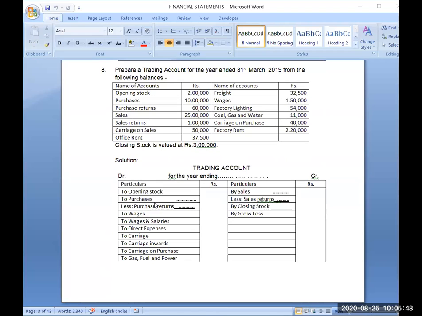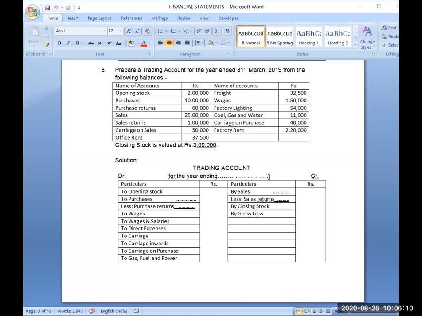See, it is saying prepare a trading account for the year ended 31st March 2019 from the following balances. Now see, it is clearly given for which date, for which year you have to prepare the trading account. So you will always write trading account for the year ending 31st March 2019.